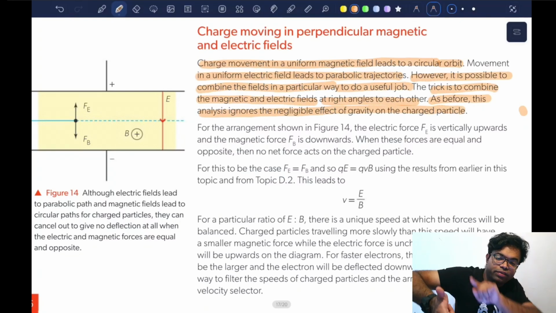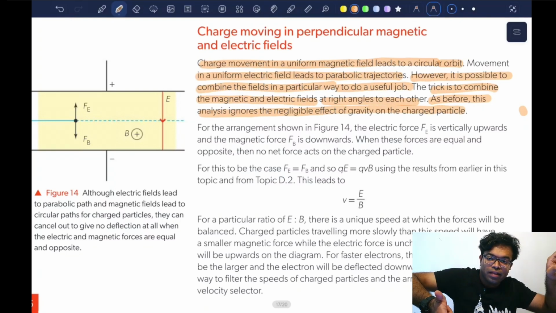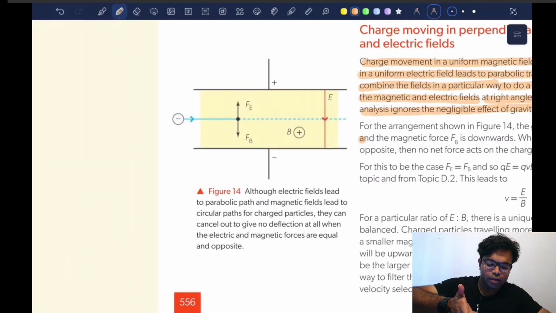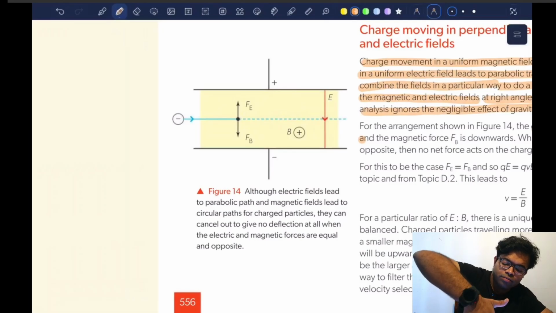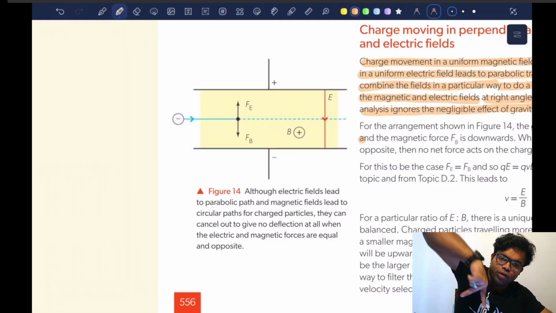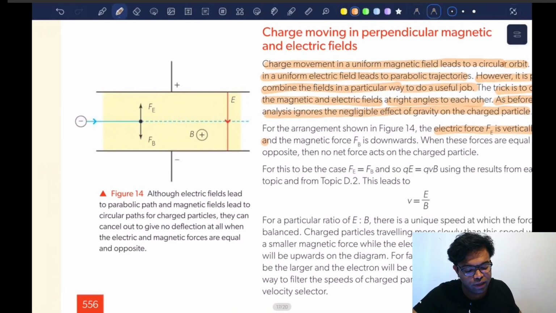The current, if the electron is moving this side, then the current is going to be in the opposite direction of the electron, like this. Now, where does the thumb point? Towards me, right? Therefore, the magnetic force will be downwards.